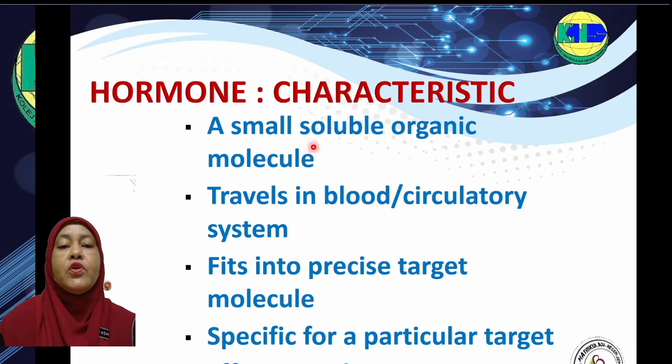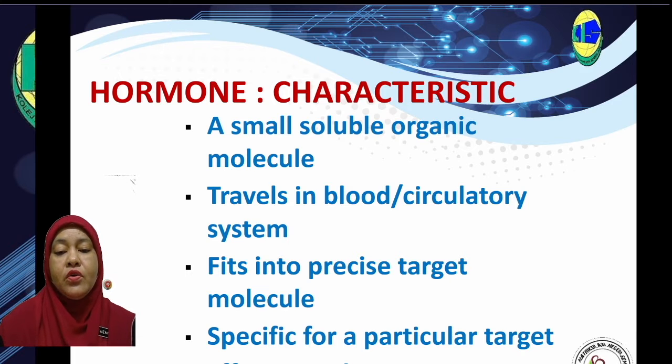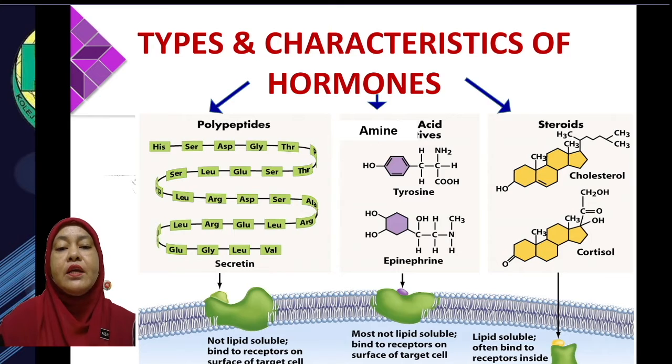First, it is a small, soluble organic molecule. Second, it travels in the blood circulatory system. Third, it fits into a precise target molecule for a particular target, and hormones are effective in low concentration.